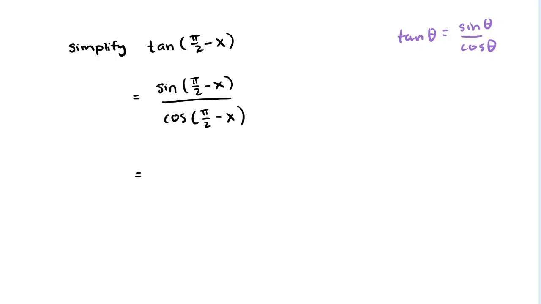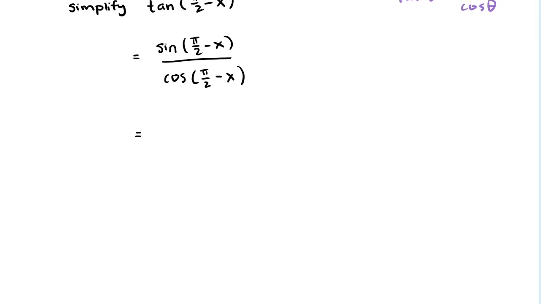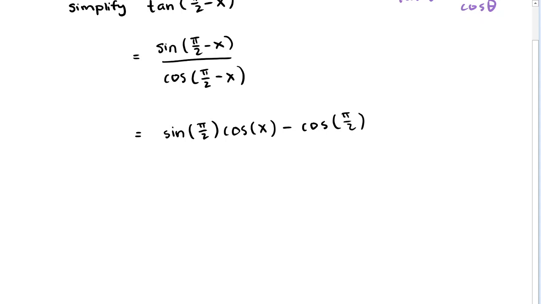And now we can just use our angle difference identities for sine and cosine. For sine, we're taking this mixed difference. So this will be sine of pi over 2, the first angle, times cosine of the second angle, x, take away cosine of the first angle times sine of the second angle.